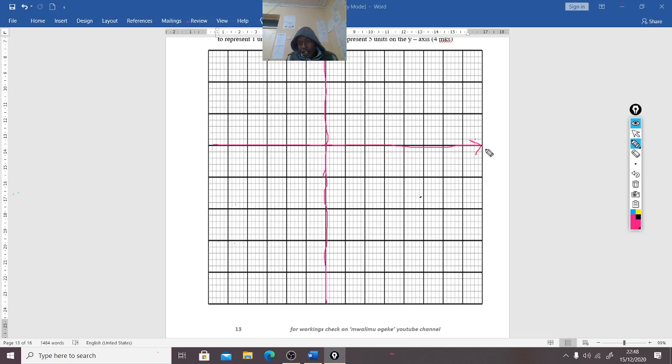This is your x-axis and this is your y-axis.